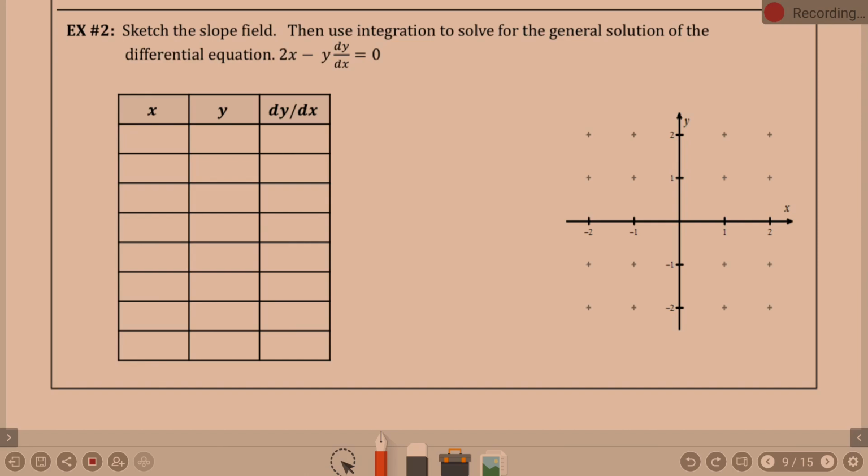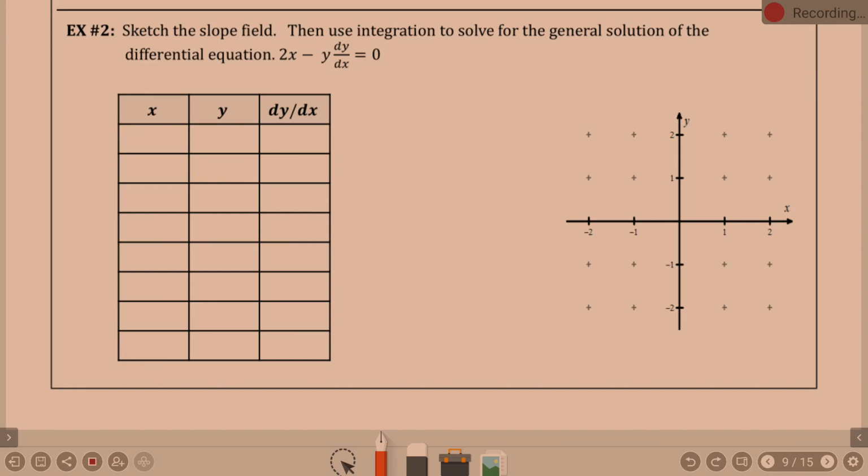We have x's and y's, which you would expect because we have x's and y's in the equation. Now, we're not going to be able to necessarily list every ordered pair, but we're going to at least list some so we can get an idea of it. Sometimes every point is going to be different. Sometimes we'll be able to find patterns, if that makes sense. Okay?